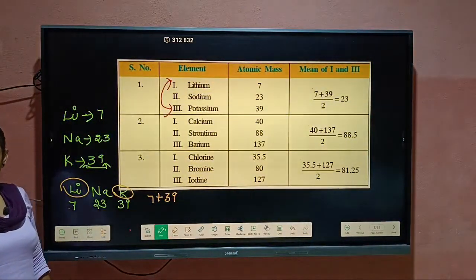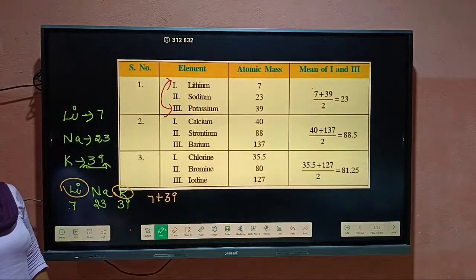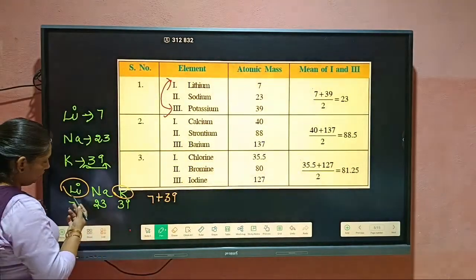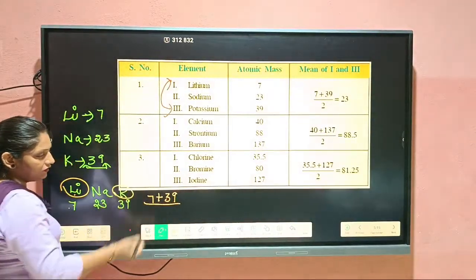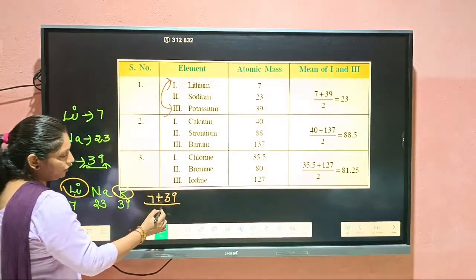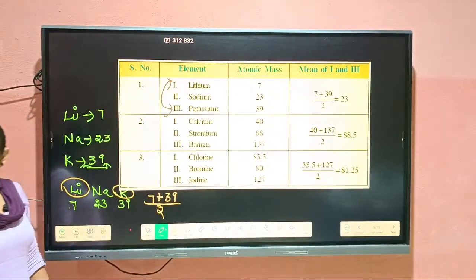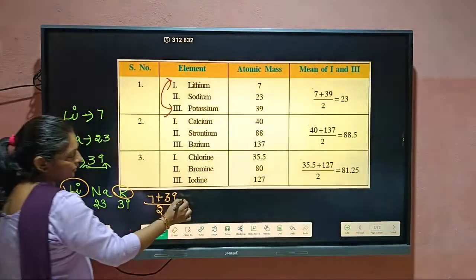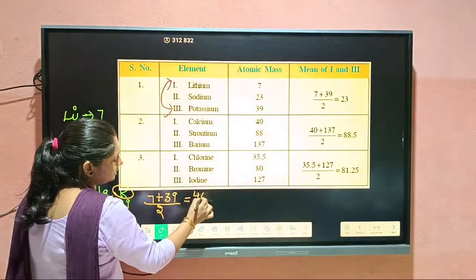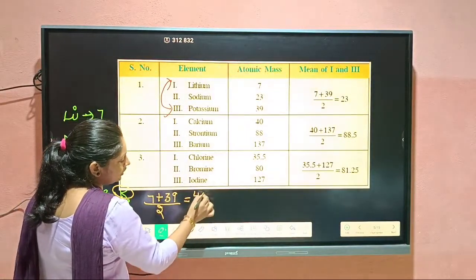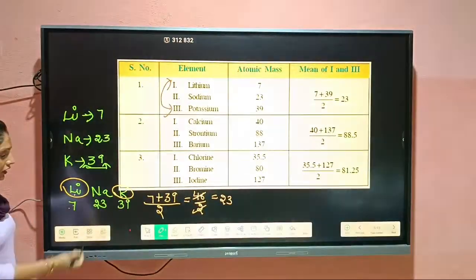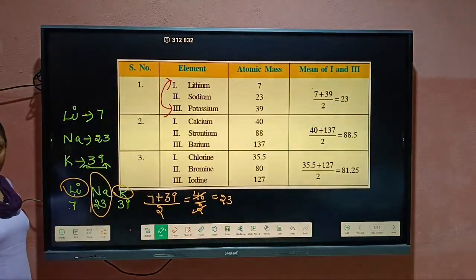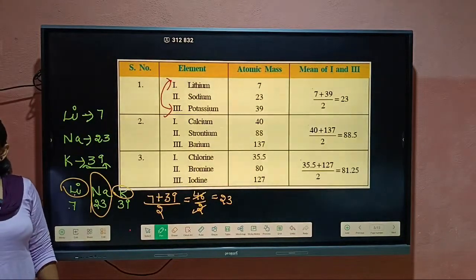We want to calculate the mean. How can we calculate the mean? We add all the given numbers and divide by the total number of values. There are 2 values in total. So it is 46 by 2, which is equal to 23, and 23 is the mass of the middle element, the mass of sodium.